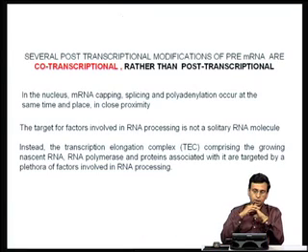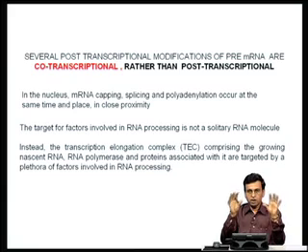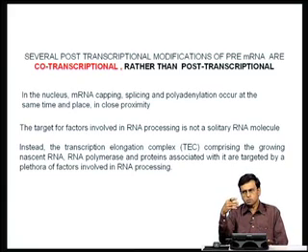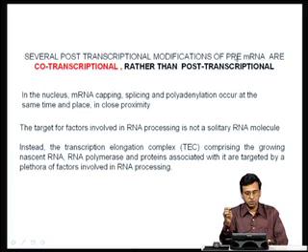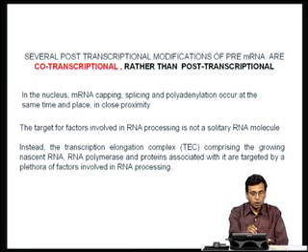Now, all these three major modifications that a pre-messenger RNA undergoes used to be described as post-transcriptional modifications. Many of these, splicing, capping and polyadenylation, are often described as post-transcriptional modifications of pre-messenger RNA, but later studies clearly reveal that many of these changes that take place in the messenger RNA are co-transcriptional rather than post-transcriptional.